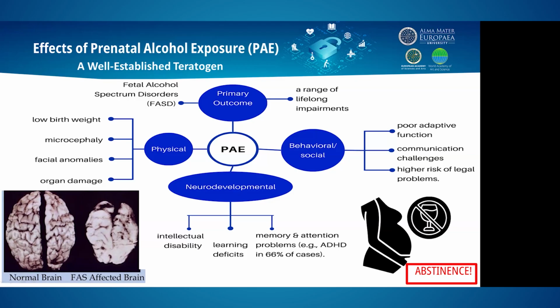As our review shows, this is a condition that affects the whole person, their entire life. And while some studies have shown mixed results for very low-level drinking, the overwhelming consensus and the precautionary principle lead to one conclusion, and that is there is no known safe amount of alcohol during pregnancy.